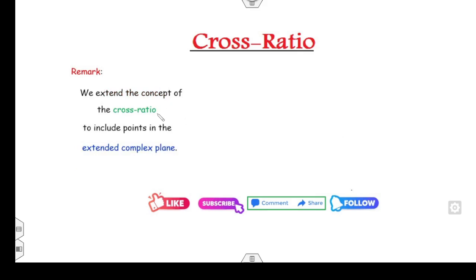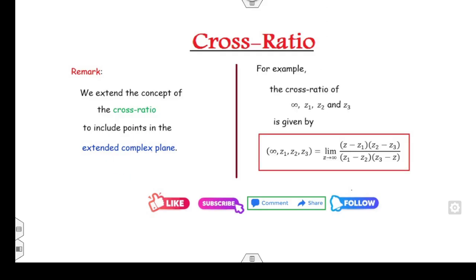Now we can extend the cross ratio to the extended complex plane. The extended complex plane means C union infinity, where the point at infinity is included. Again, the concept is very simple. If one of the numbers is infinity, I can replace it by z and take the limit as z approaches infinity.